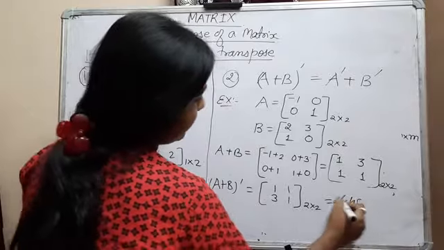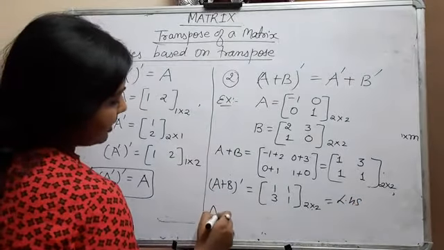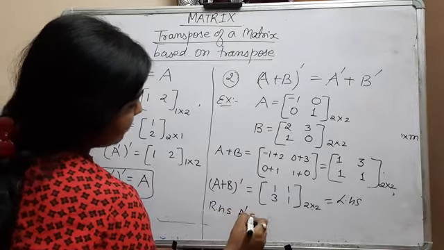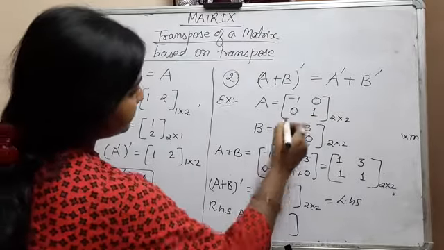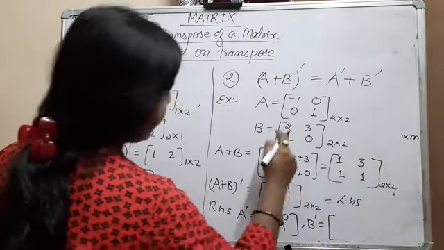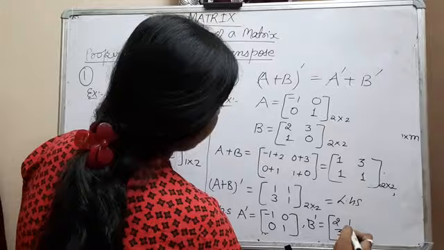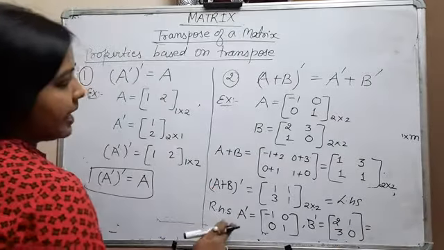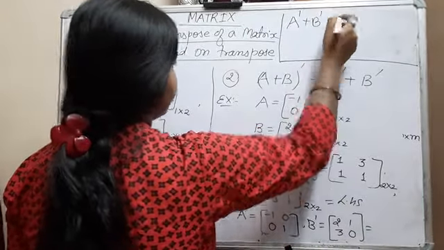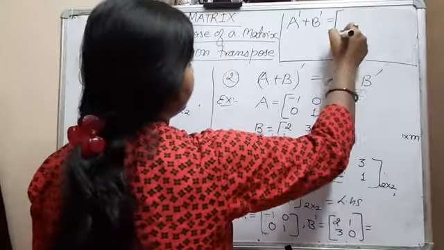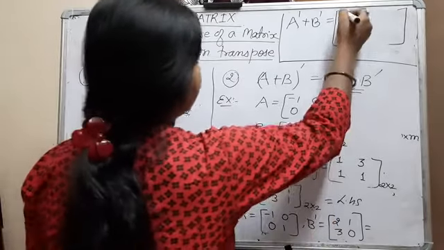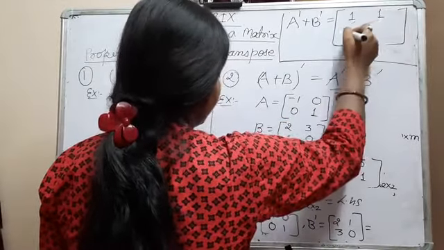This is the left hand side part. Similarly we will find the right hand side part. In the right hand side, first we will find A dash, which is minus 1, 0, 0, 1. Now we will find B dash, which will be 2, 3, 1, 0. Now we will find A dash plus B dash. We will add both, and after adding we get 1, 1, 3, 1.